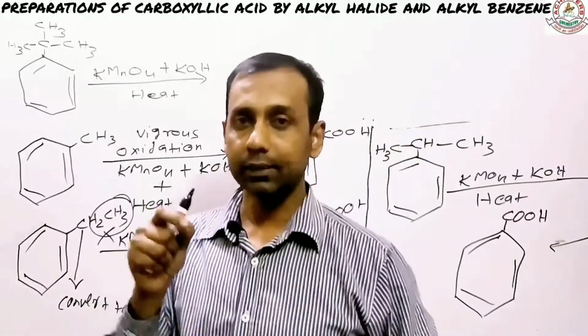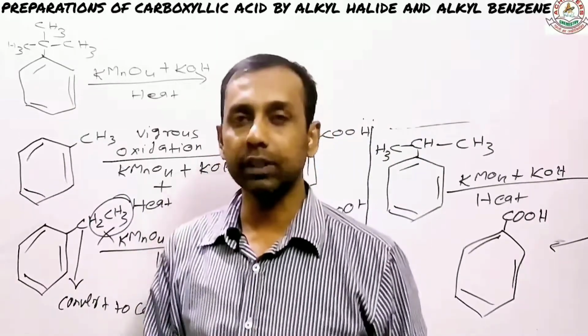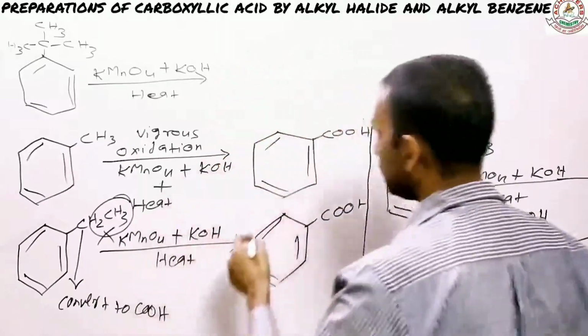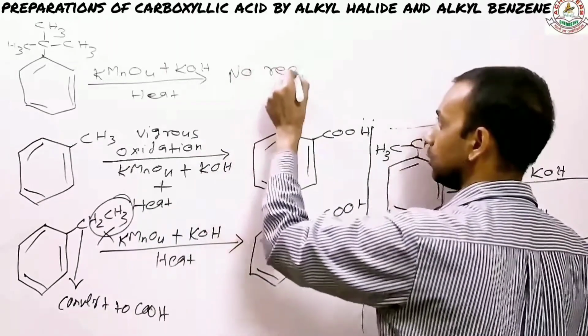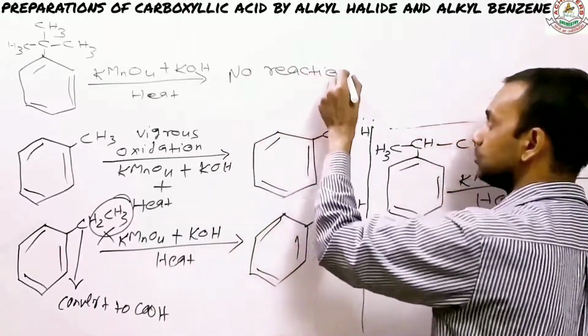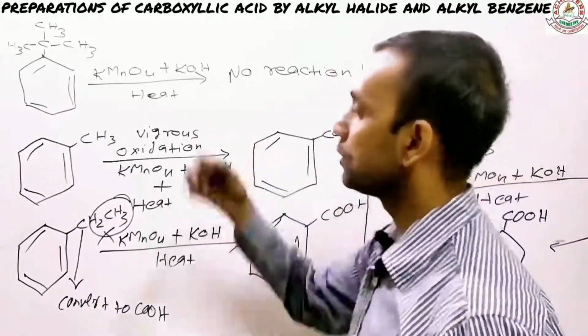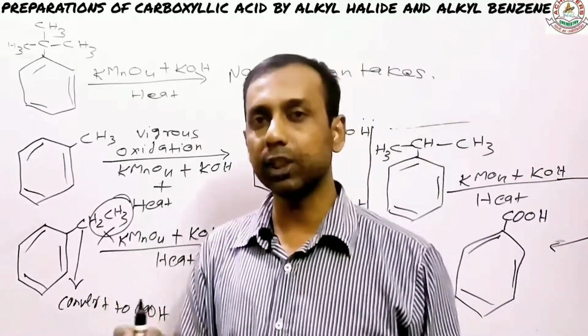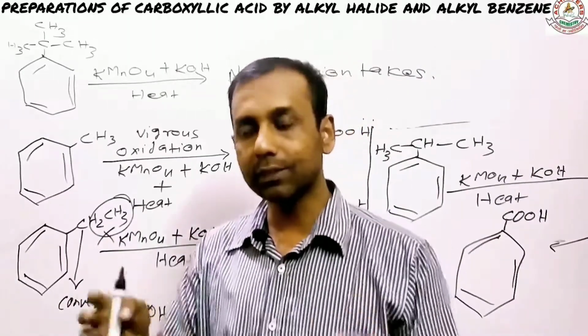You need to understand that because it doesn't have a hydrogen, it does not oxidize into carboxylic acid. So no reaction takes place here. If you want to know the reason, it is in the tertiary carbon itself. A tertiary carbon is highly stable, so it's very difficult to oxidize that carbon.